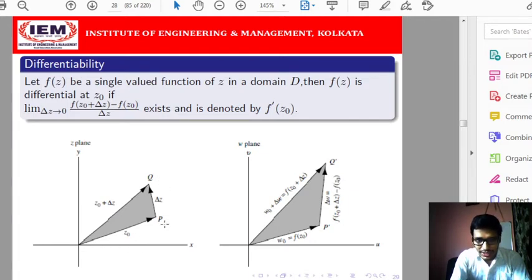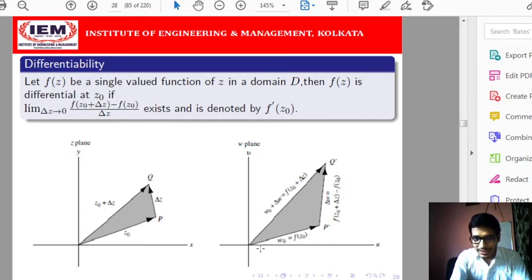Similarly, z0 is mapped to w0, that is f(z0), which is P dash vector, and Q is mapped to Q dash vector. So if this is z0, the corresponding image in the w plane will be w0, and the corresponding increment in the w plane will be del w. Del w is nothing but f(z0 plus del z) minus f(z0), the increment.